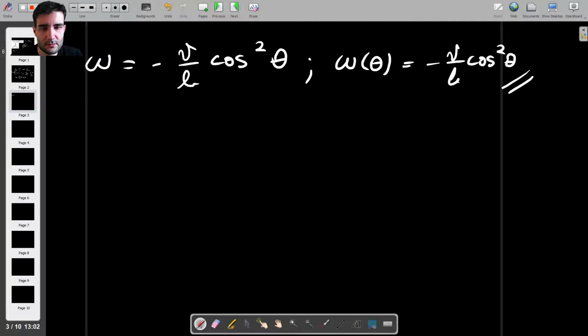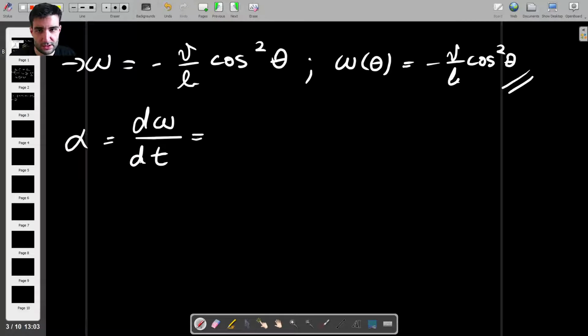So the only thing left to do is to find the angular acceleration. And to find the angular acceleration, we just have to remember that angular acceleration is the first derivative of angular velocity. So we're going to differentiate this here, which will give us the following. Minus v over b, right? v and b are constants, so we can just take them out of the derivative.